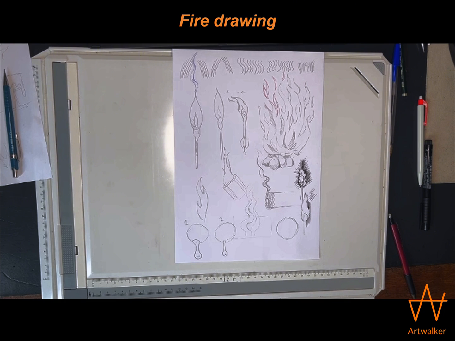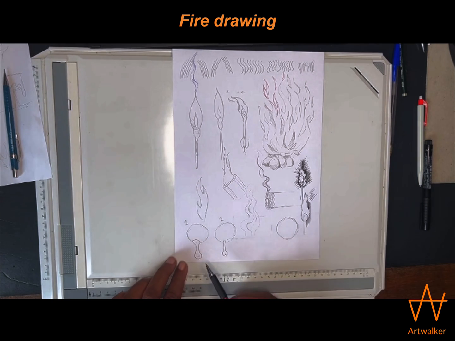So back again. What are the differences between those 2? Well, this one is thicker.